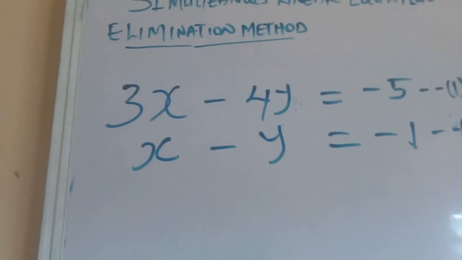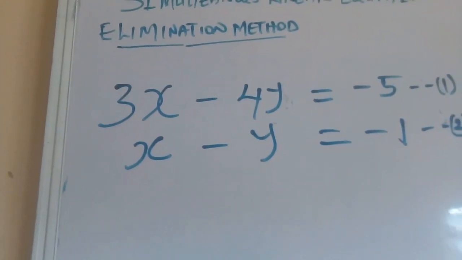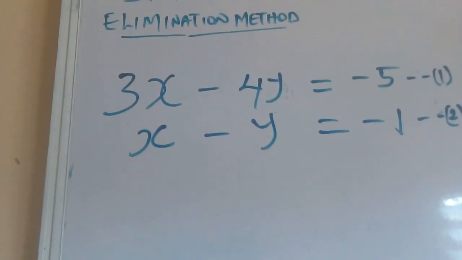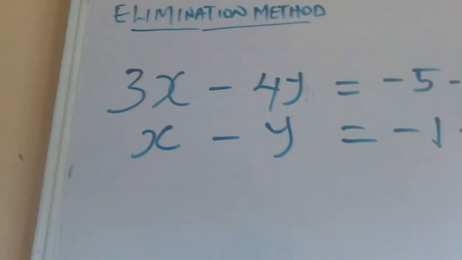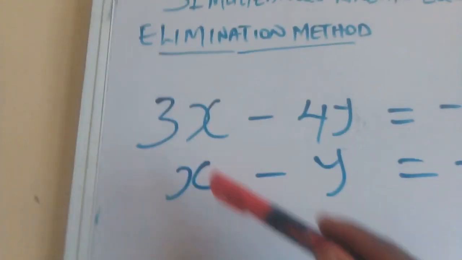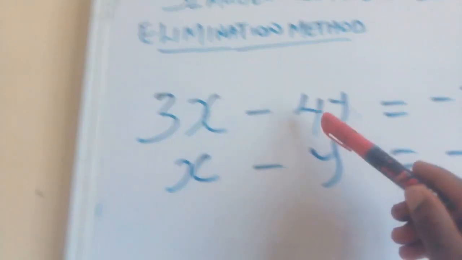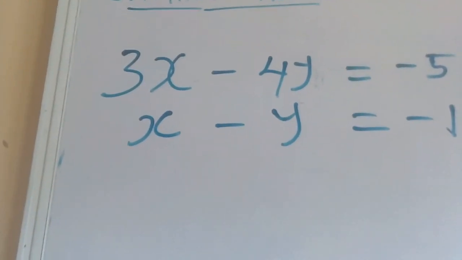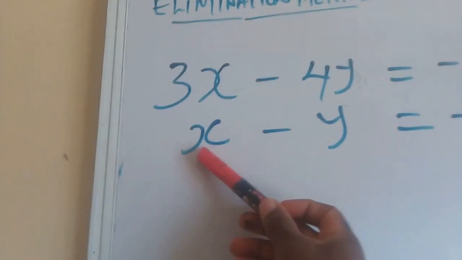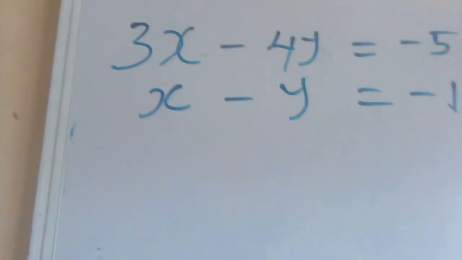For me to do that, I have to first look at the coefficient of the variable x in equation 1. On the board, the coefficient of x is 3, and the coefficient of y is minus 4. In equation 2, the coefficient of x is 1, and the coefficient of y is minus 1.